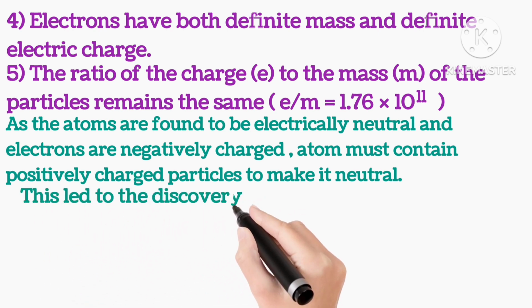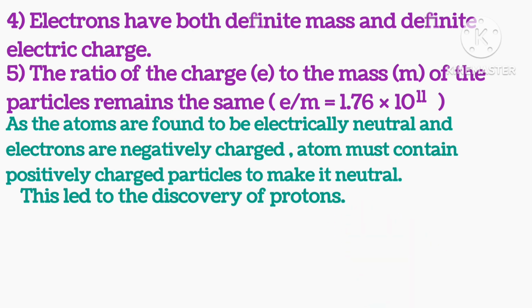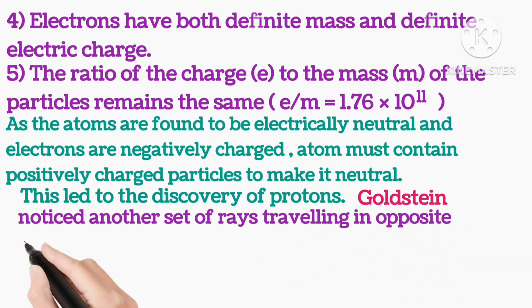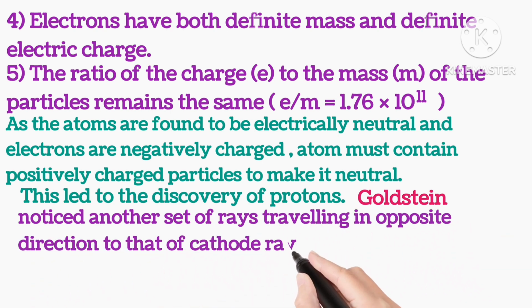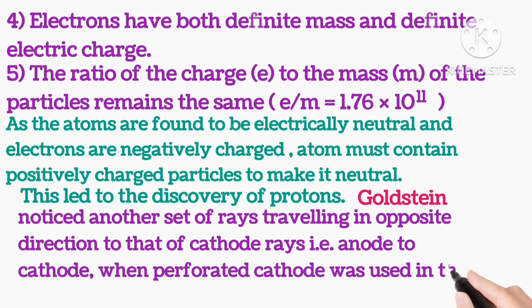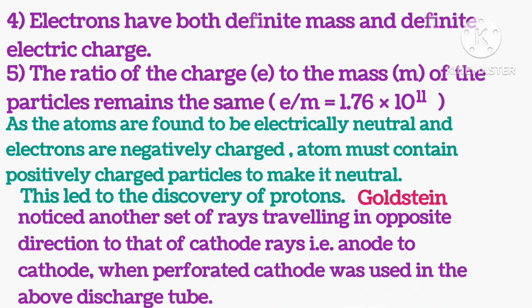This led to the discovery of protons. Goldstein noticed another set of rays traveling in opposite direction to that of cathode rays, that is anode to cathode, when perforated cathode was used in the above discharge tube.